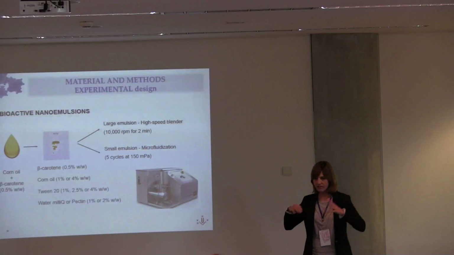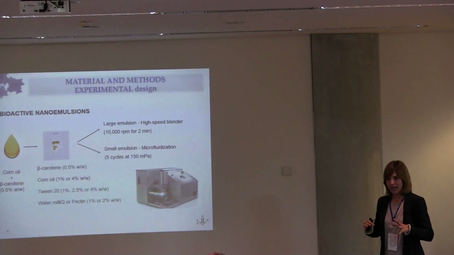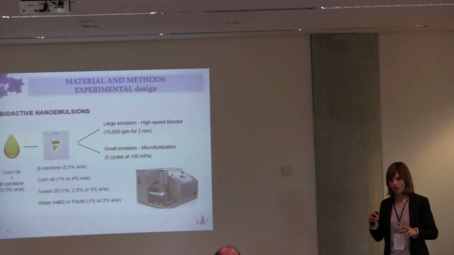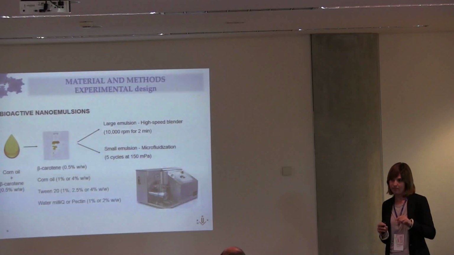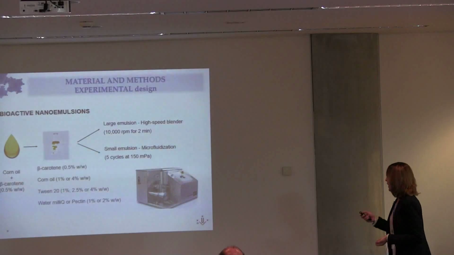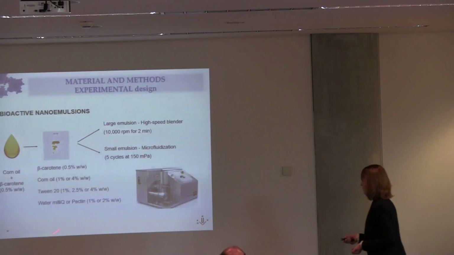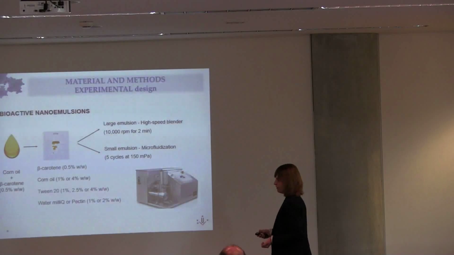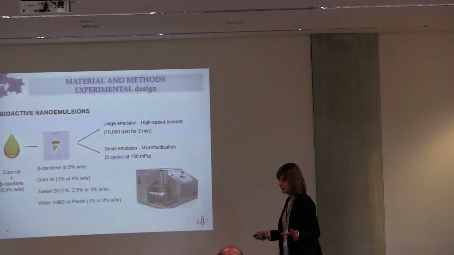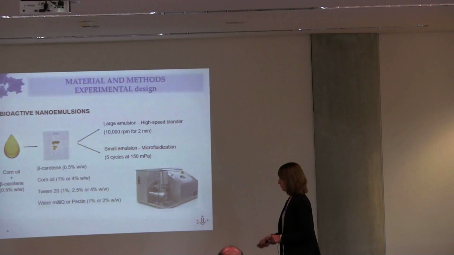In the formulation of nanoemulsions, the formulation consists of mixing at least 3 compounds: oil, water, and also the emulsifier or the stabilizer. In our case, we use corn oil, and first of all, we enrich this oil with beta-carotene at a concentration of 0.5%.